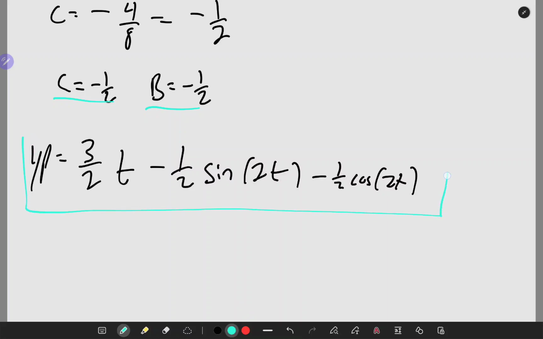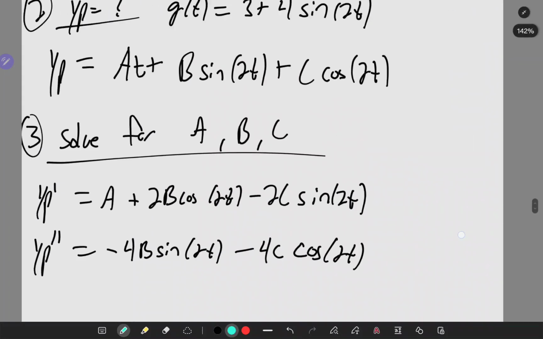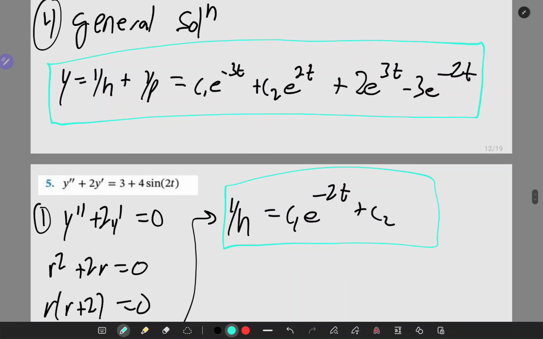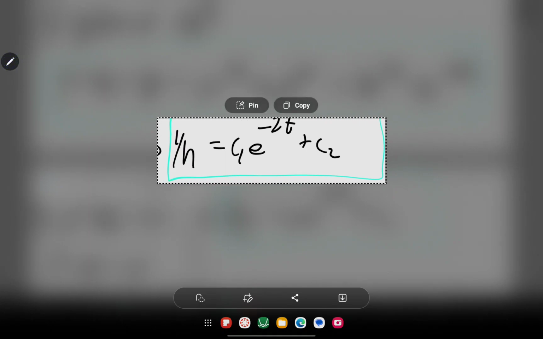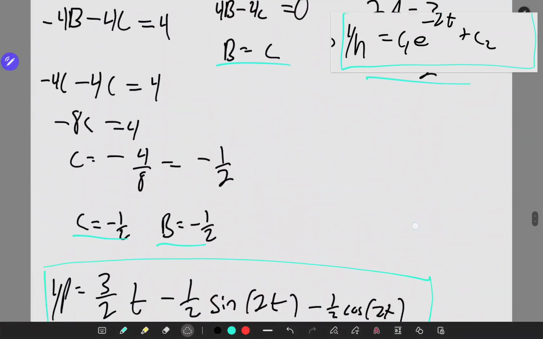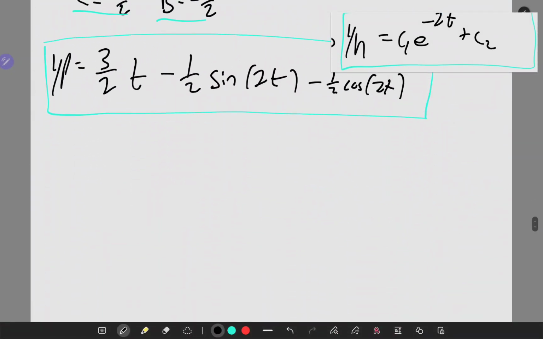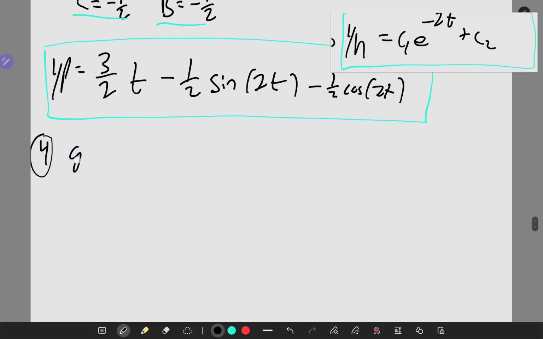So now we have our y sub h and our y sub p. Let's go back up here and see what our y sub h is. Here's our y sub h. So now, step 4, the general solution.